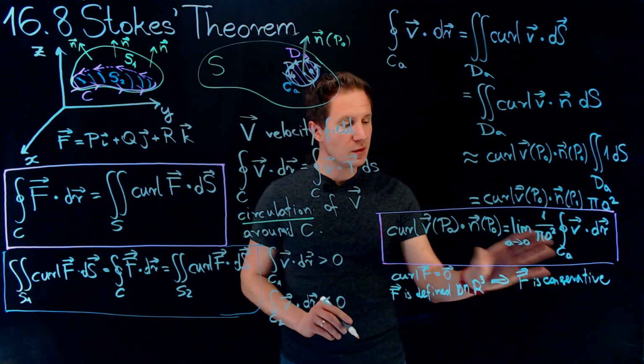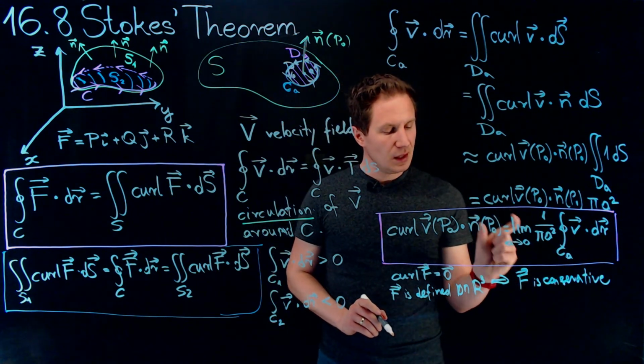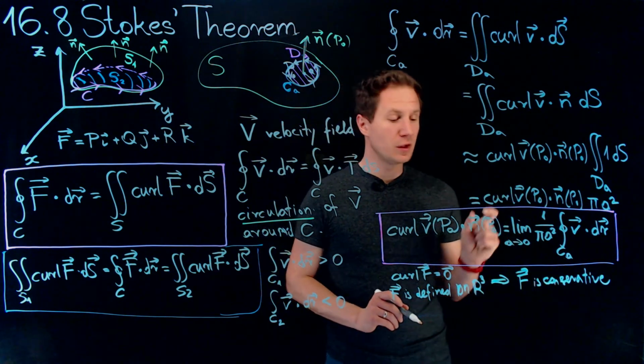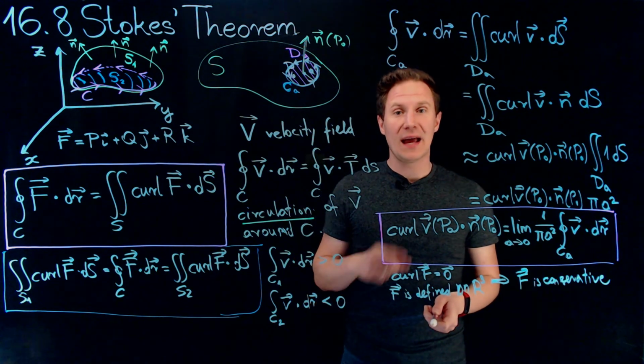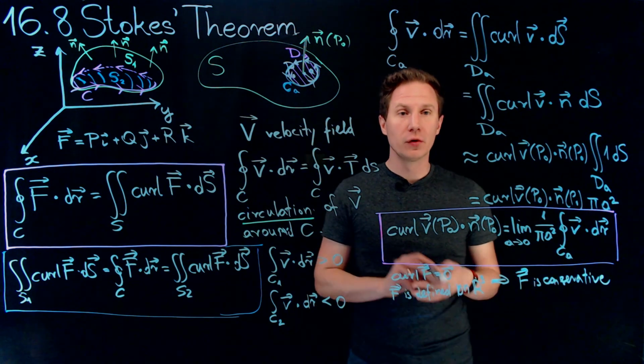Okay, for this we just have to remember that we have a conservative vector field if its line integral along any closed curve vanishes.